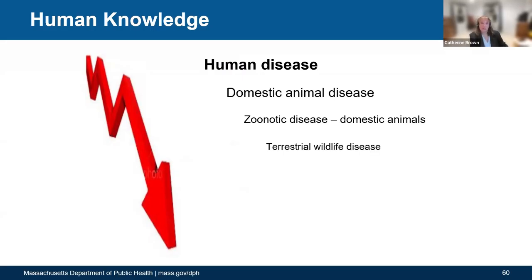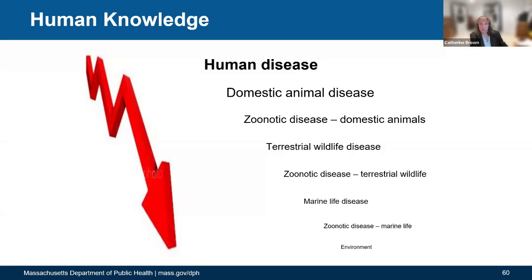We know less about diseases that occur in wildlife animals, less about zoonotic diseases that occur in those wildlife. And we know vanishingly little about zoonotic disease that occurs in marine life animals. And we know even less about some of what happens in the environment.